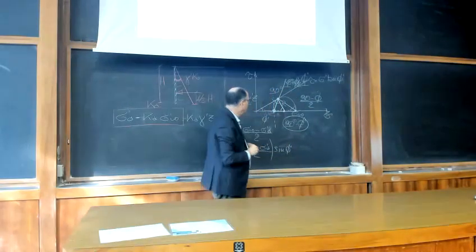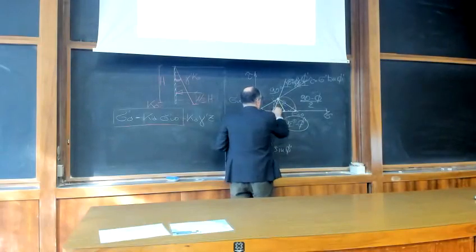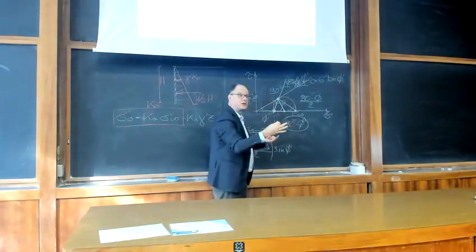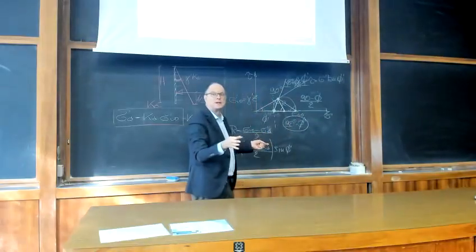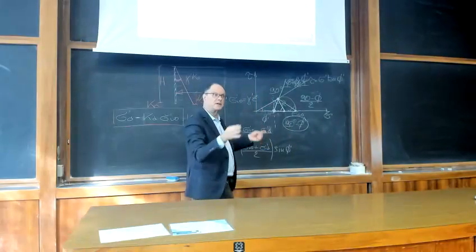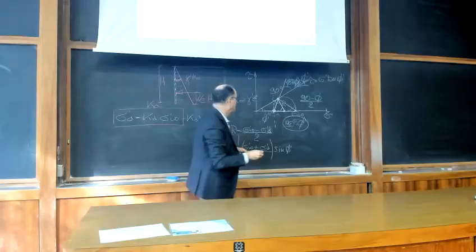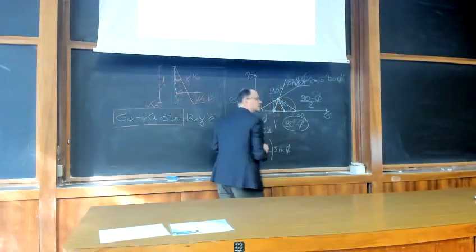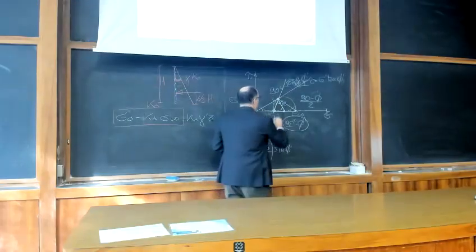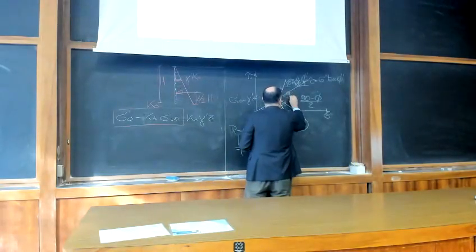Okay? Now, any triangle which is inscribed in a circle with its diameter as a side is a right triangle. So this is also 90 degrees. And so we know that this is 90.